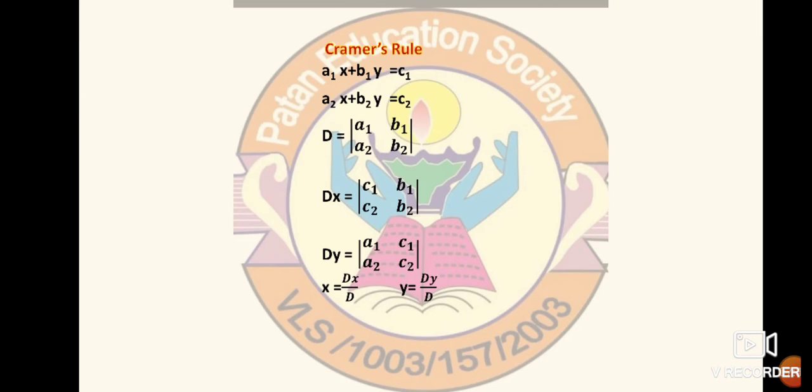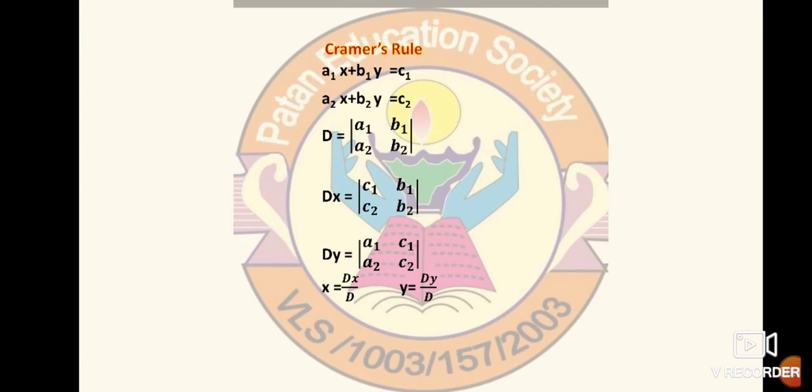To calculate d, the formula is a1, a2, b1, b2. While calculating the value of d, you need to consider the 4 coefficients which are present before the equal sign. a1, a2, b1, b2, 4 numbers you need to consider while calculating d.